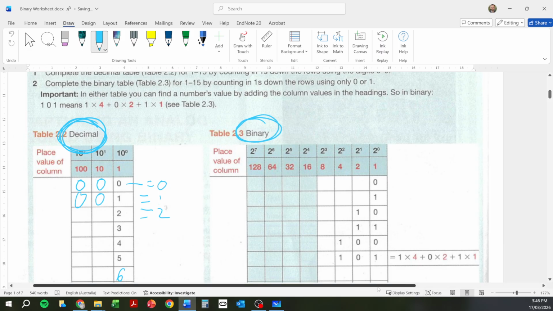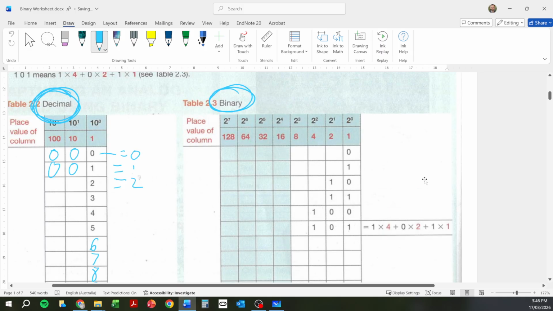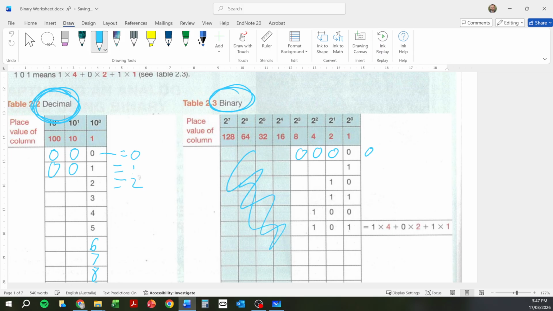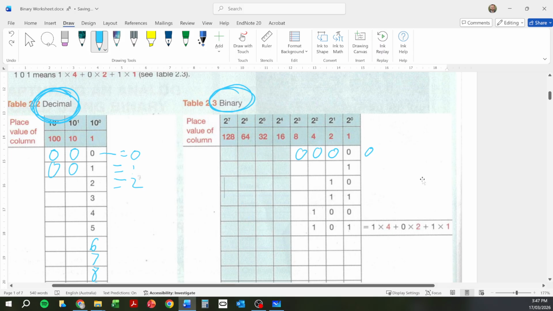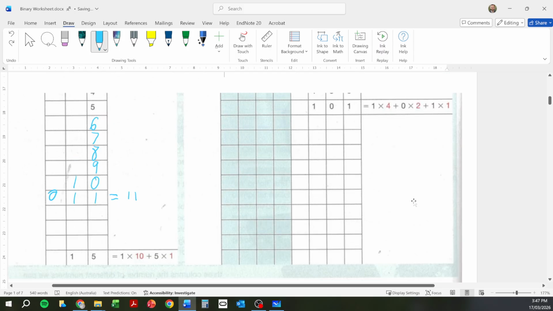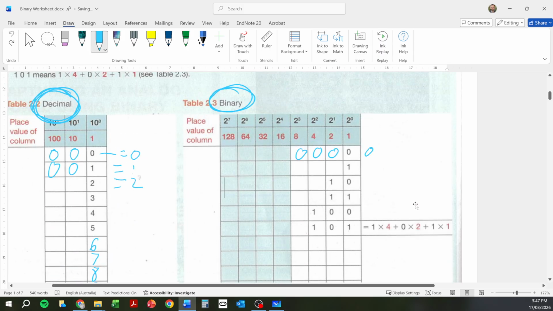With our binary, we've got 000 equals 0. They've left this area here. That's essentially going to be just about all zeros, I think. So really, we're working in nibbles. 0001 would equal 1.